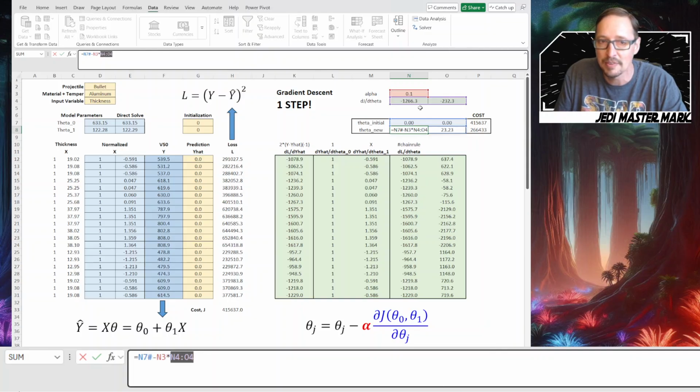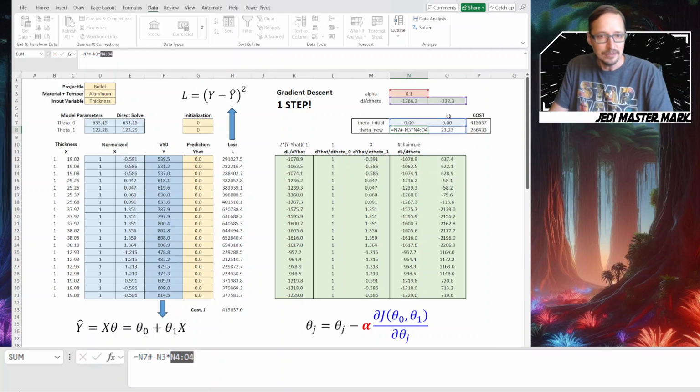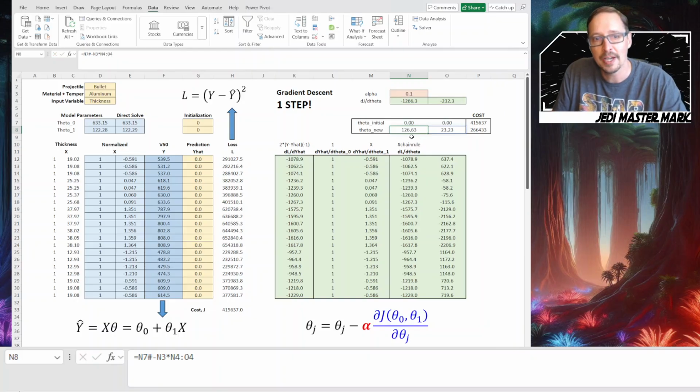These are our derivative of the cost with respect to these theta parameters. And so what you actually get, you see it went from 0 and 0 to 126 and 23, and the cost function has gone down accordingly.